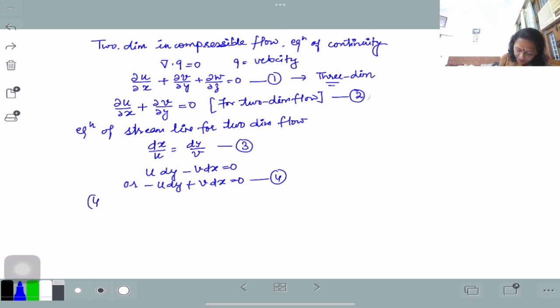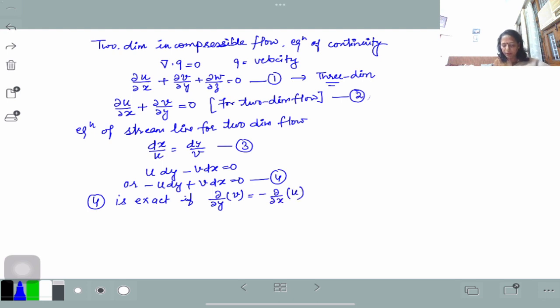Now 4 is exact if I say v to be M and u to be N, then I'll say that this is true if ∂v/∂y = −∂u/∂x.